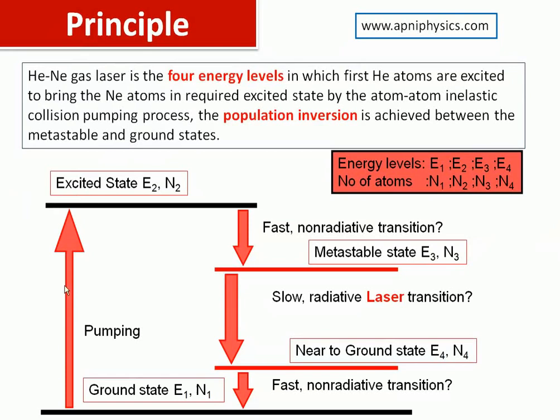So you see here there are 4 energy levels. The lowest one is the ground state, the upper one is the excited state, and this level is represented by E2, and there are N2 atoms. In the ground state, that is the energy level E1, there are N1 atoms. The third energy level is represented by E3, and there are N3 atoms.